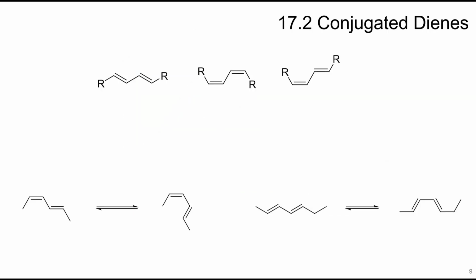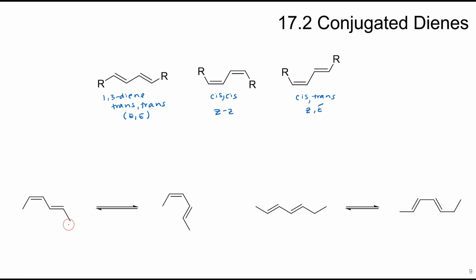So here we have a 1,3 diene that is trans-trans, or E-E. This one is cis-cis, or Z-Z. This one is cis-trans, or Z-E.